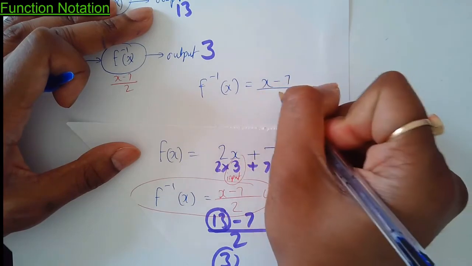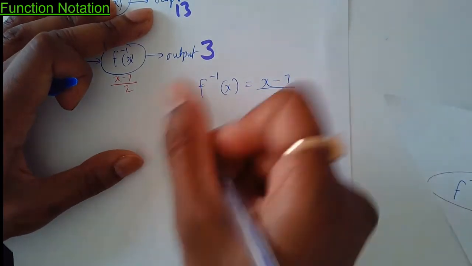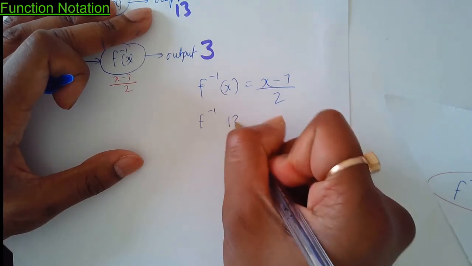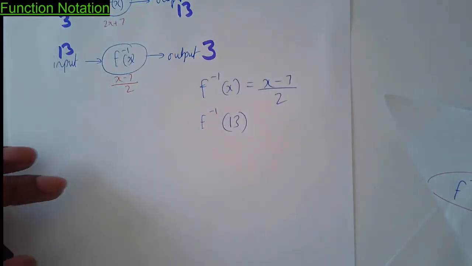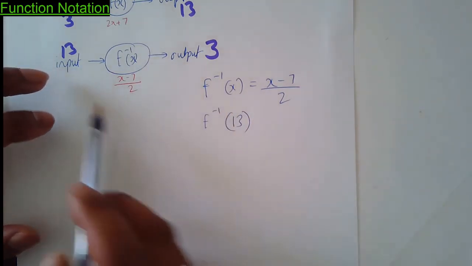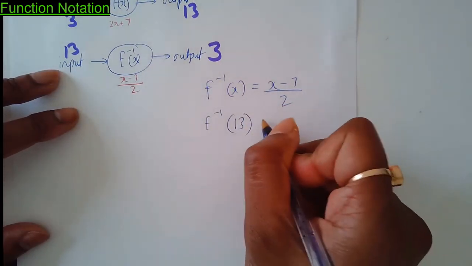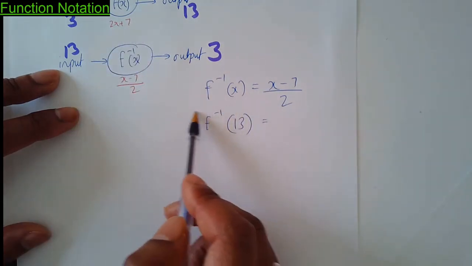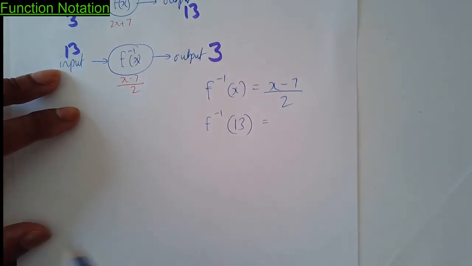They might ask you to work out something like this. I think you know what the answer is going to be because we've seen it already. If you get something like this, you need to work out the inverse function, which is what I've just shown you a couple of minutes ago.